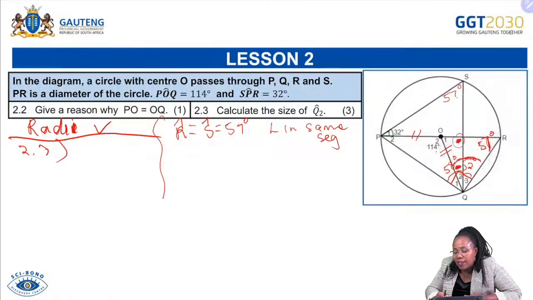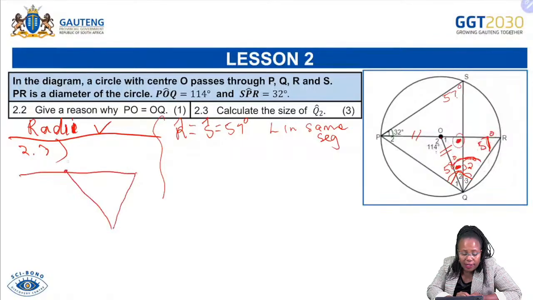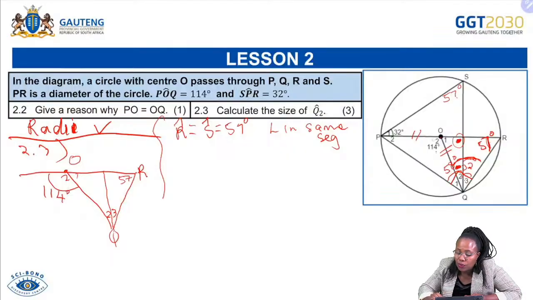Now, let me redraw this triangle here for you so that you can see what I'm talking about. We have this triangle here, we have O1, O2, and then angle O2 is 114 degrees. And then here we have Q3 and Q2. And then now we have 57 for R here. So I am talking about this triangle here.